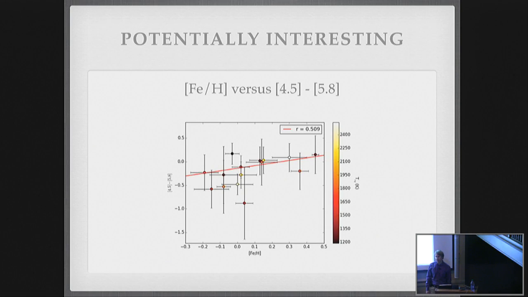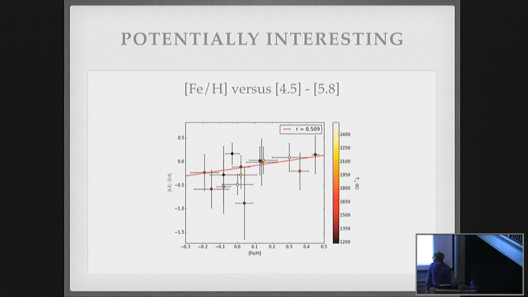But the interesting things that I found. Primarily, what I saw was an interesting relationship between metallicity and certain color indices. Color index is the difference in magnitude from one wavelength band to another. So in this example, we have a correlation between the metallicity of the star compared to the 4.5 minus 5.8 color index.